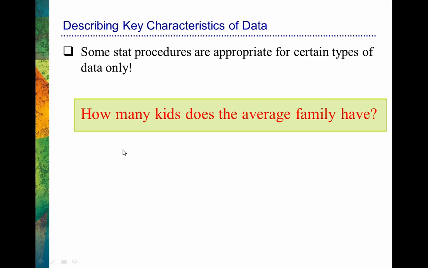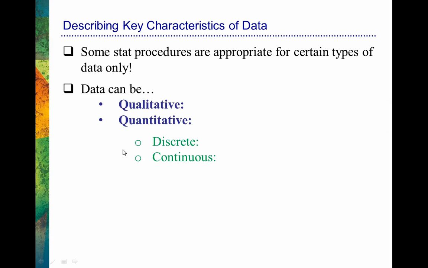Now I'm about to introduce a variety of terms. So for example, data can be qualitative, quantitative, and then we can break down quantitative data into discrete or continuous. And then I'm going to introduce even a few more terms to describe data. I don't want you to get confused and think that only one term would describe the data. Typically we have various distinctions that we can make.